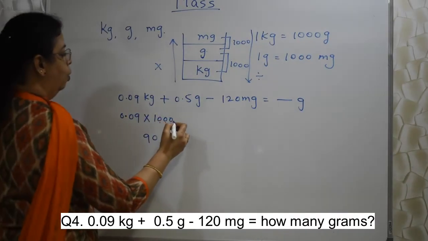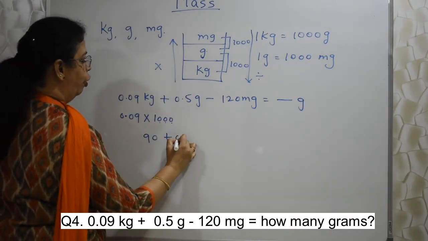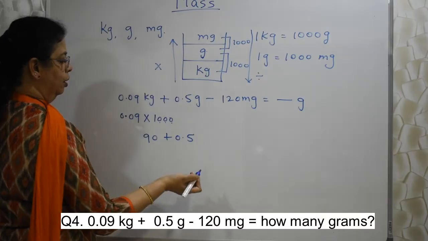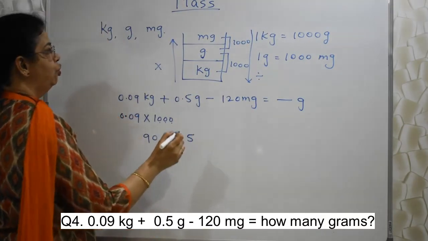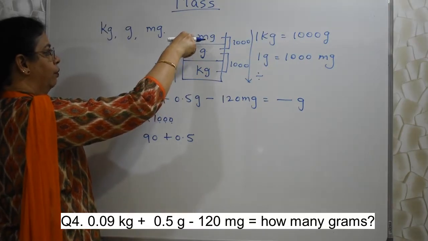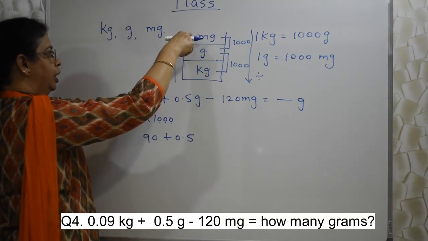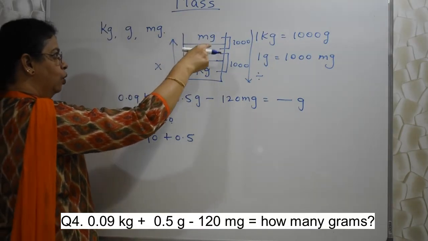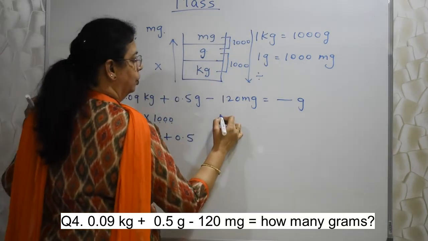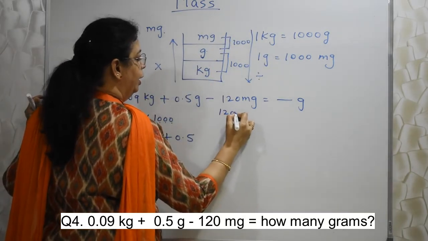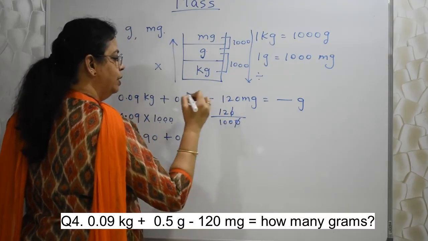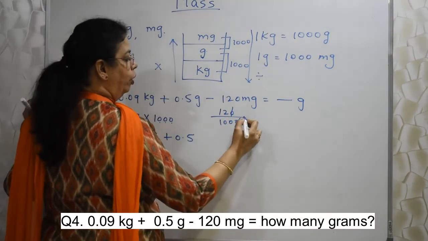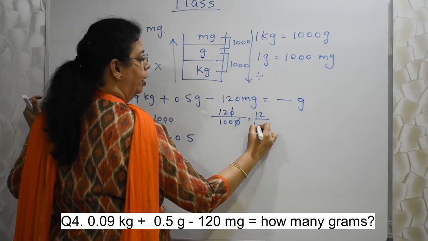Okay, now I need not worry about this 0.5 because this is gram only. So no conversion is required here. Now we need to convert this mg. Mg we need to convert into gram. Mg to gram, we are coming down. So I need to divide. So 120 divided by 1000. 10 10 gone. 12 upon 100. 12 upon 100.